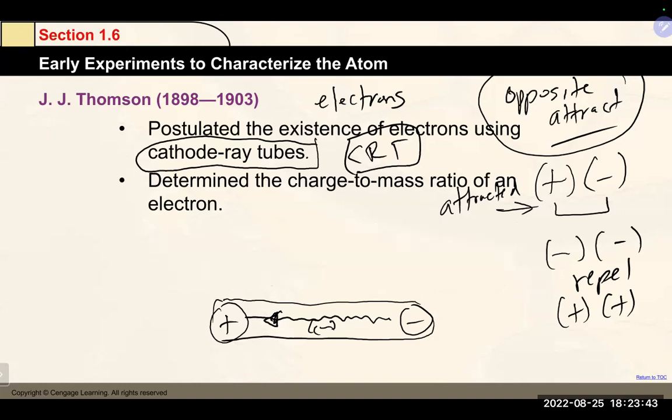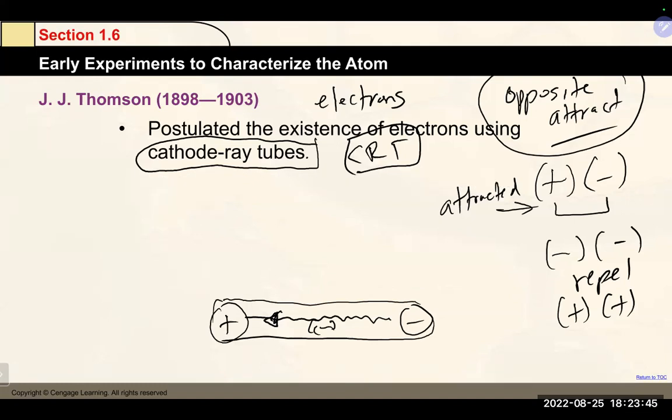So for example, if you had an electrical field where you had something positive and something negative, and you shot a beam, and that beam headed upwards towards the positive side, we would know that that beam most likely has what type of charge? Negative charge.